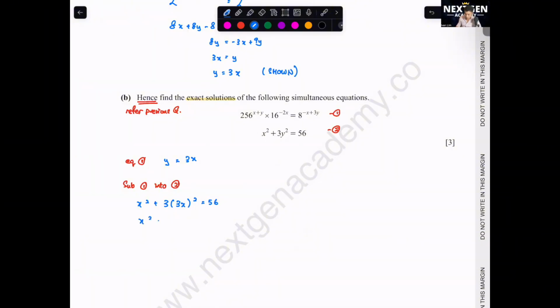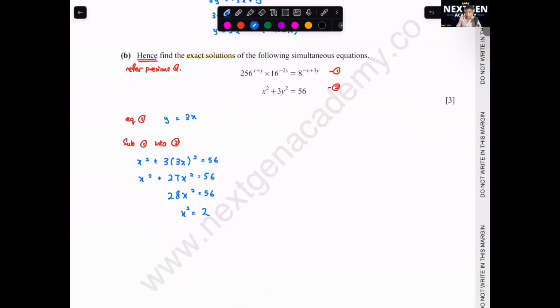Then this one will be 3 times 9x squared, so here becomes 27x squared, and altogether 28x squared equals 56. Then x squared is 56 divided by 28, which is 2.